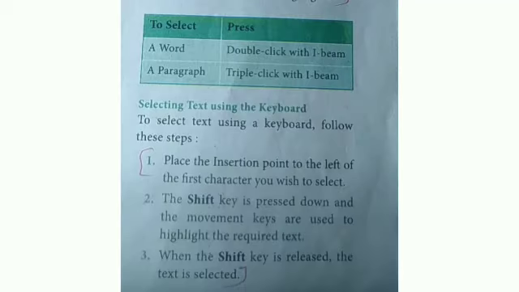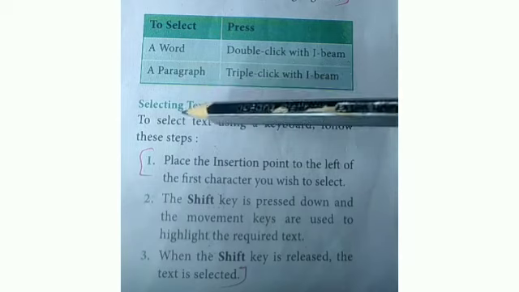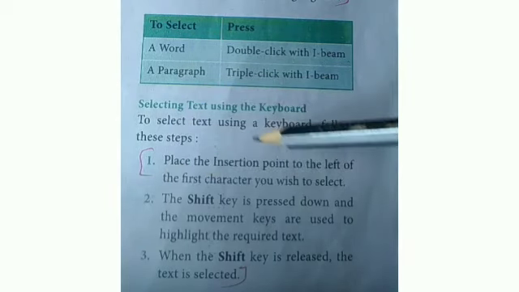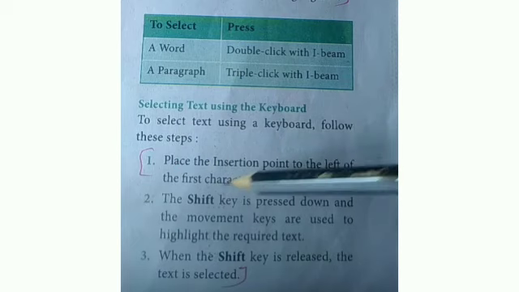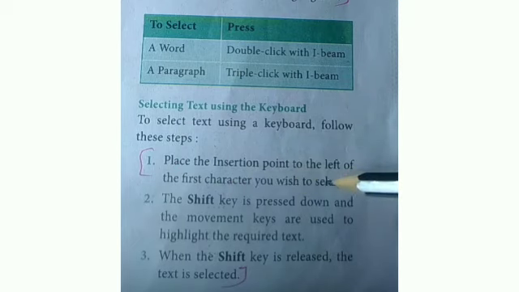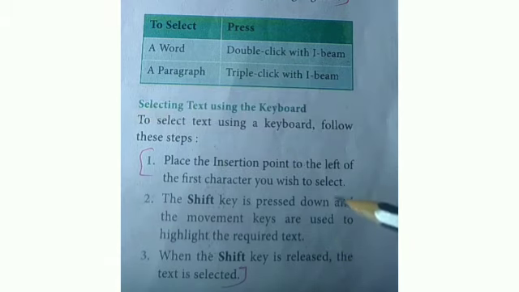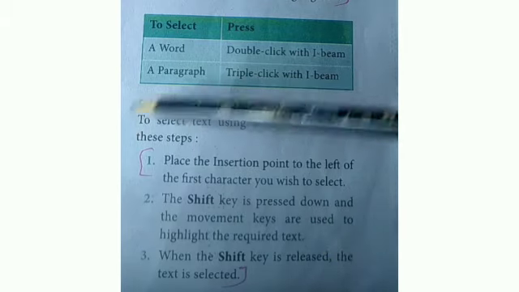Okay, next method, selecting text using the keyboard. First point, place the insertion point to the left of the first character you wish to select. That means bring the insertion point to the beginning of the text. For example, the cursor is here, so we have to bring it to the beginning position.